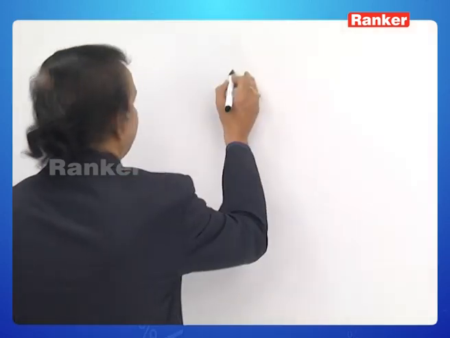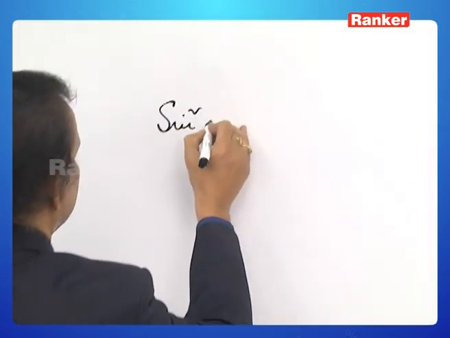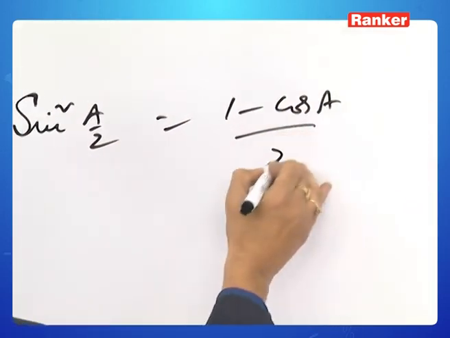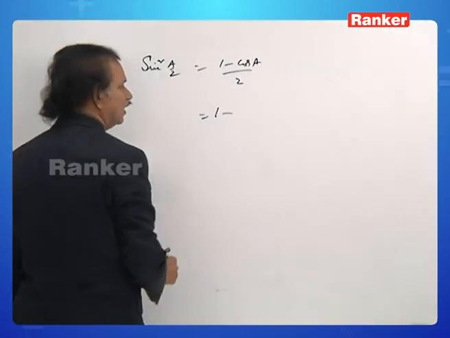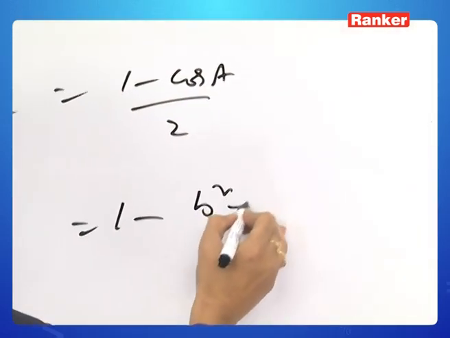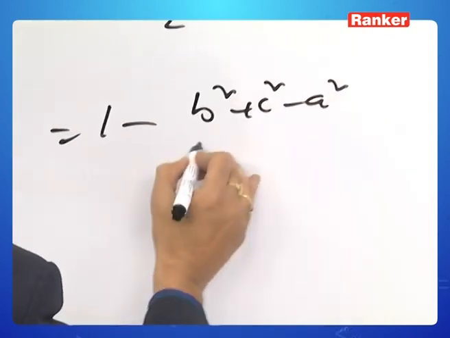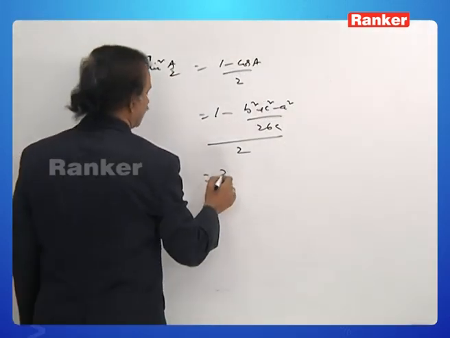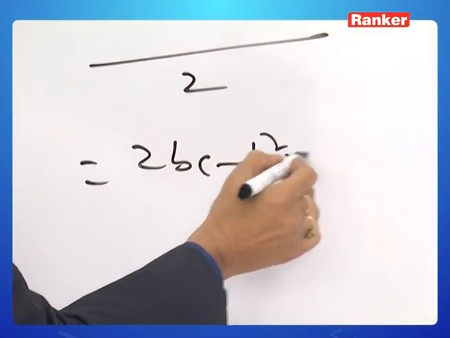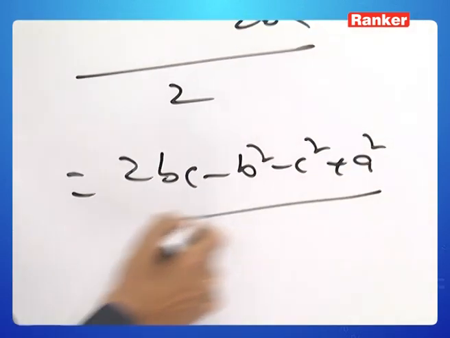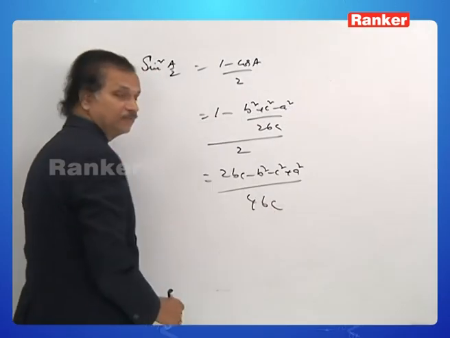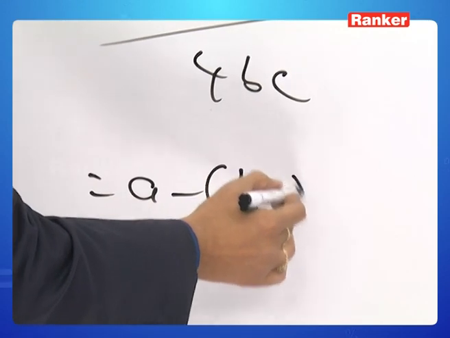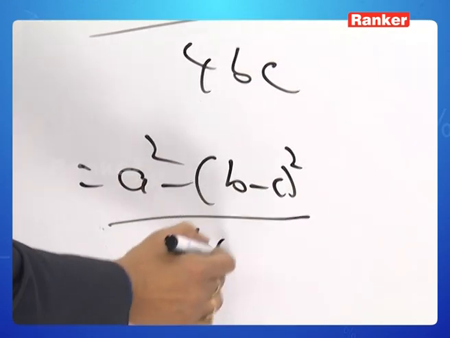What is sin square A by 2? It is nothing but (1 minus cos A) by 2. But we know what cos A is: (b square plus c square minus a square) by 2bc, the whole divided by 2. So this is (2bc minus b square minus c square plus a square) by 4bc, isn't it? So this is nothing but (a square minus (b minus c) whole square) by 4bc.